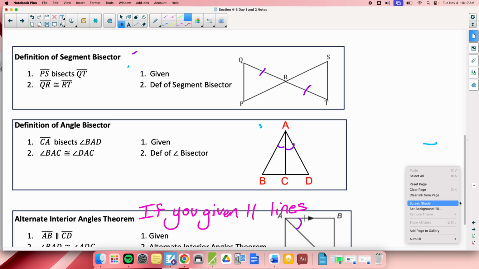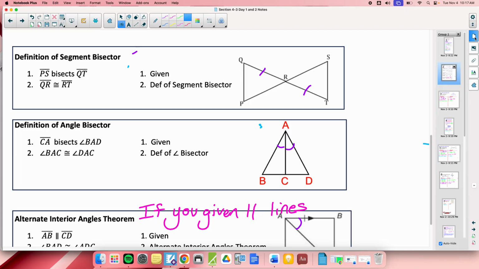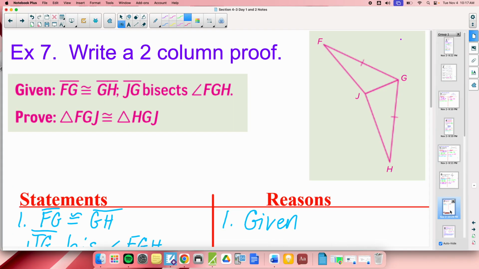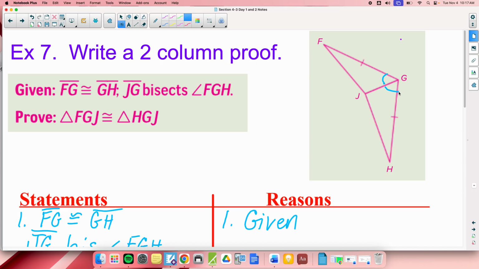So there's going to be times where they tell you a segment bisects an angle. To bisect means cut in half. So that means these two pieces are equal in that angle. So if I go back to where we are, do you guys get if JG bisects this angle, that this would be congruent to that? You guys get that? And we have to use 3 letters again.